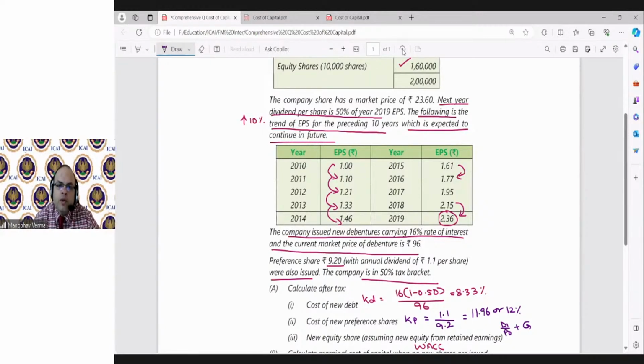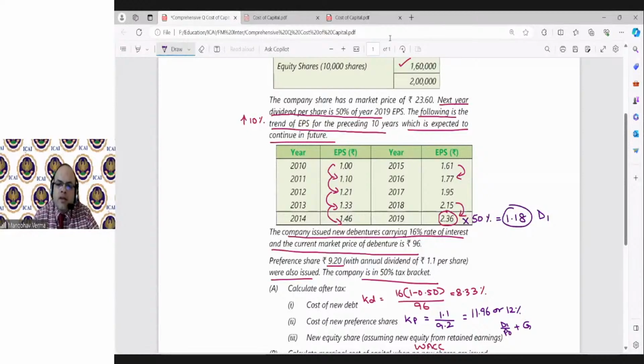They're giving you next year dividend per share is 50% of 2019 EPS. So let's do that. If I multiply 50%, am I getting 1.18, guys? So is 1.18 D1 for us? Yes or no? I think 1.18 is a dividend for us. But that's what the question tells us.